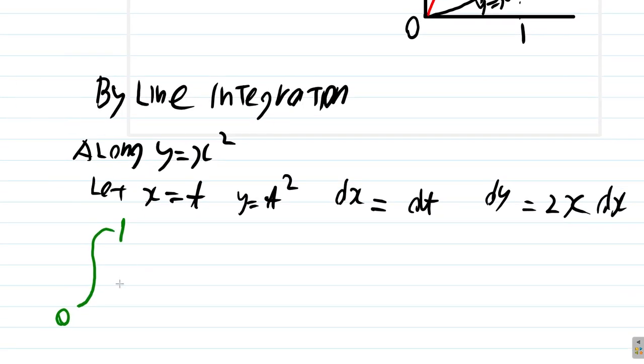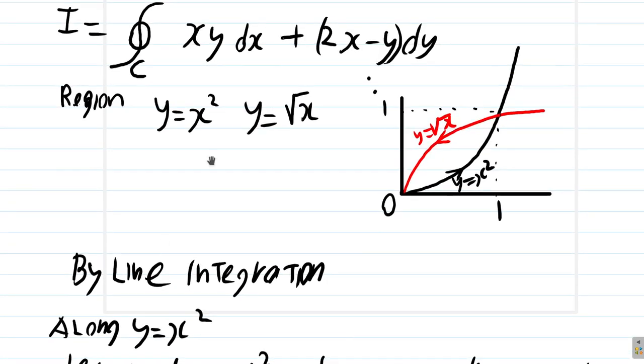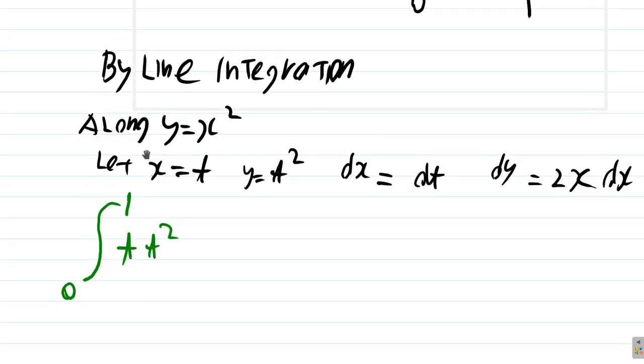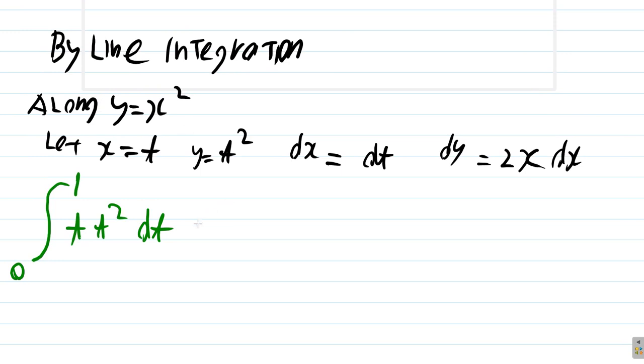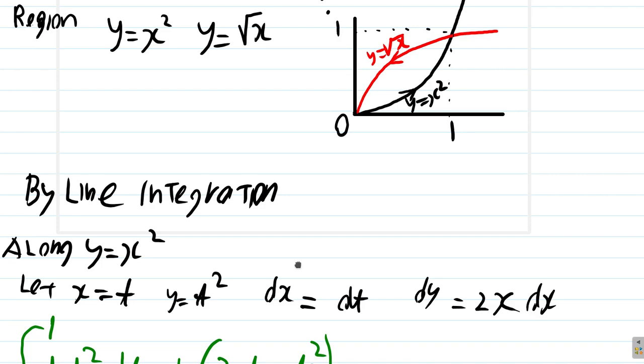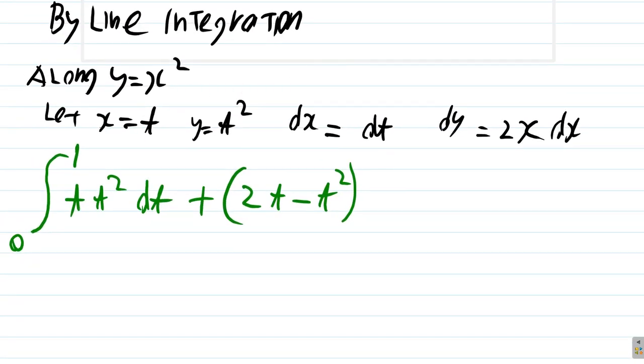But that becomes t times t squared, dx. dx is dt. Alright, what happened after that? Plus 2x minus y. So you have 2 times x, which is t, minus y, which is t squared, and then dy. But what is dy?